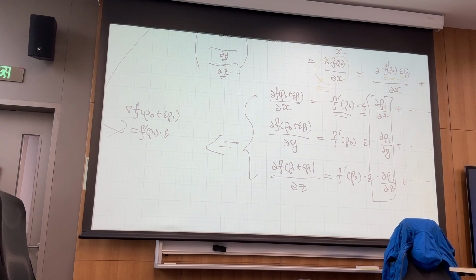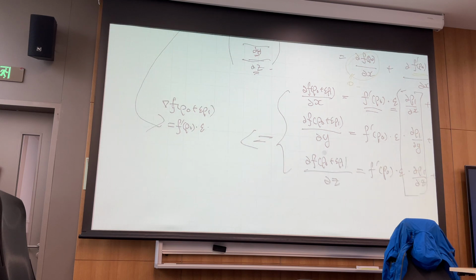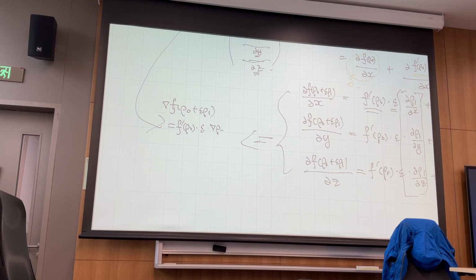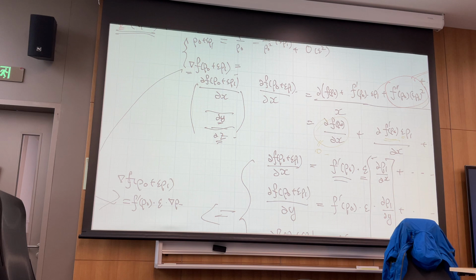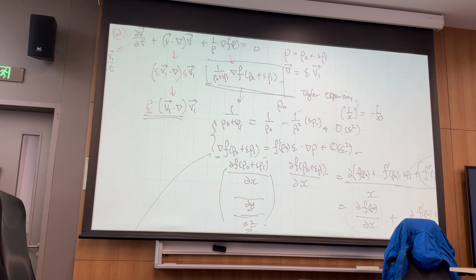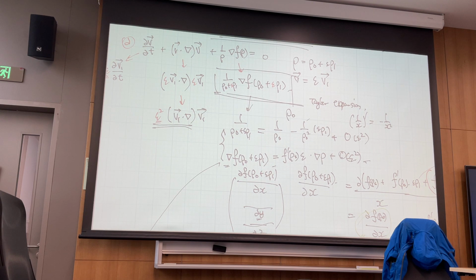If they compose a vector, that is exactly the gradient of rho 1. So this equals f prime rho 0 epsilon times the gradient of rho 1, plus O of epsilon squared. So what are we looking at? We're actually looking at their product.